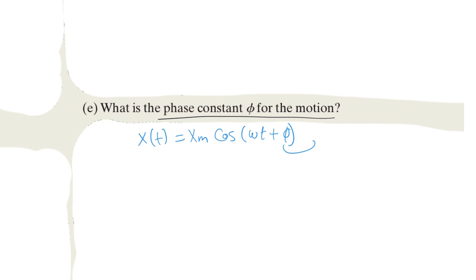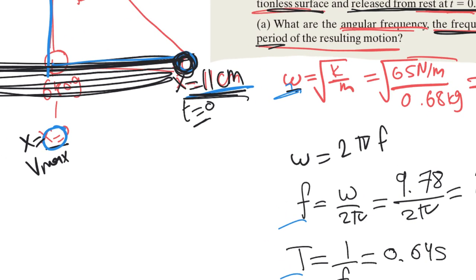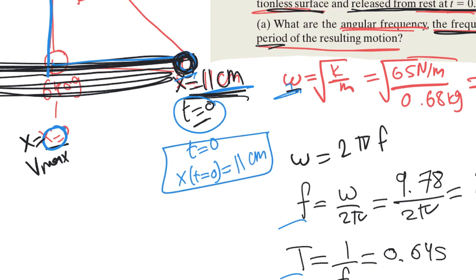We can see from this figure that at t equal to 0, x is equal to 11 centimeters. Okay, now how will we use this to calculate the phase?